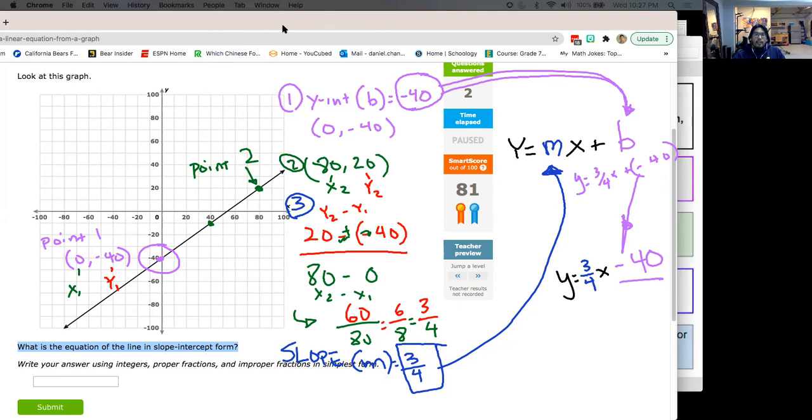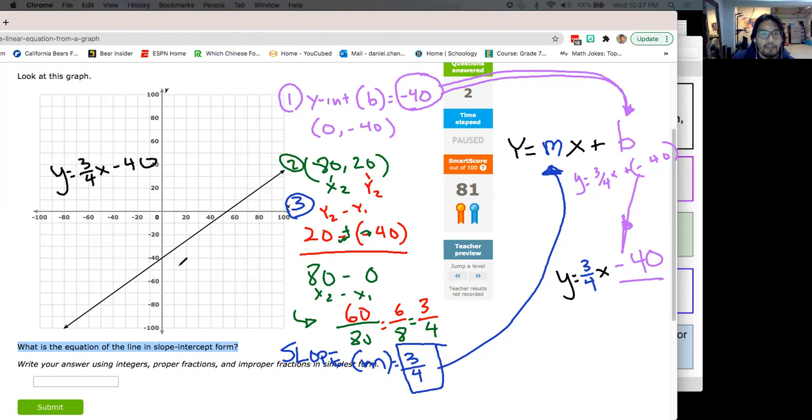And if you look at our line, what do we see? y equals 3/4 x minus 40. So if you look at this black line, the new equation that we came up with is the only equation in the whole world that can represent the line that we see down here.